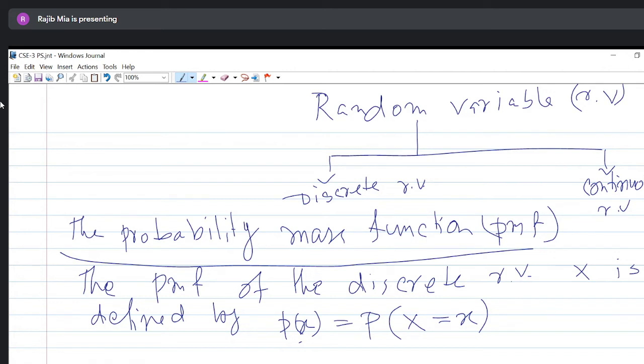For example, for tossing two coins, we get the possible values 0, 1, and 2. So here probability mass function p(x) means we have to find the probability at x equals 0, then probability at x equals 1, and then probability at x equals 2.